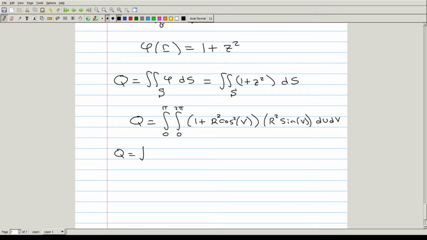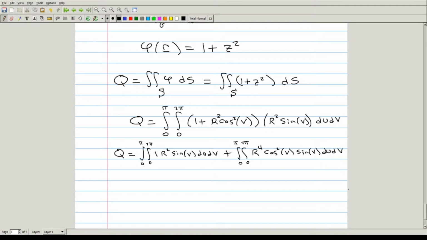Which breaks up into two separate double integrals. This will be r squared times r squared, which is r to the fourth, times cosine squared of v times sine of v du dv.